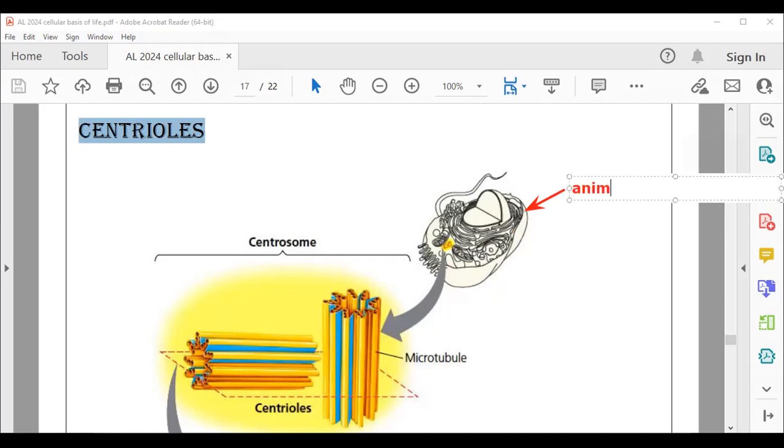Specifically, centrioles are found in animal cells closer to the nucleus. Understood? Yes. So mark the animal cell.